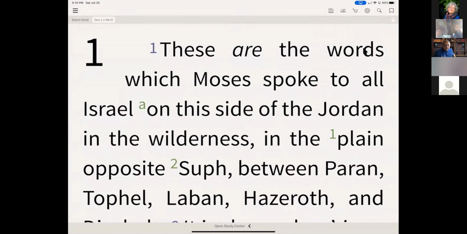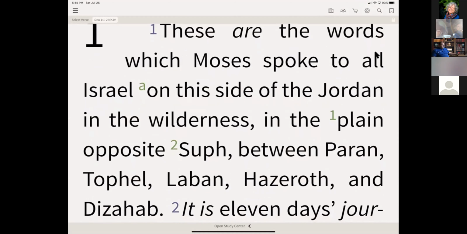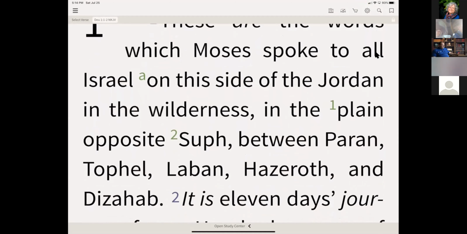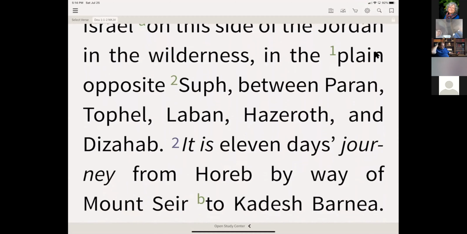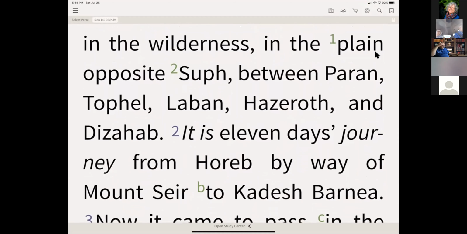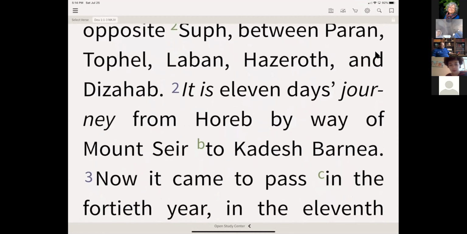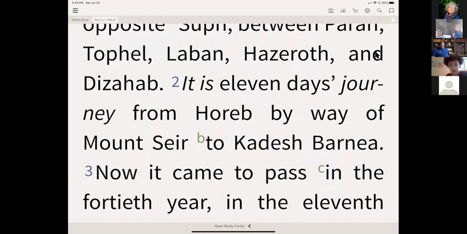This word, Devarim, gives the name of the book and the parasha. So these are the words which Moses spoke to all Israel on this side of the Jordan in the wilderness, in the plain between Suf and all these other geographical names I'm going to talk about in a few seconds. It's an 11-day journey from Horeb by the way of Mount Seir to Kadesh Barnea.